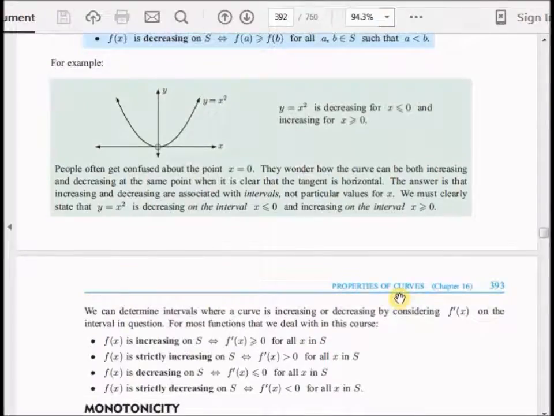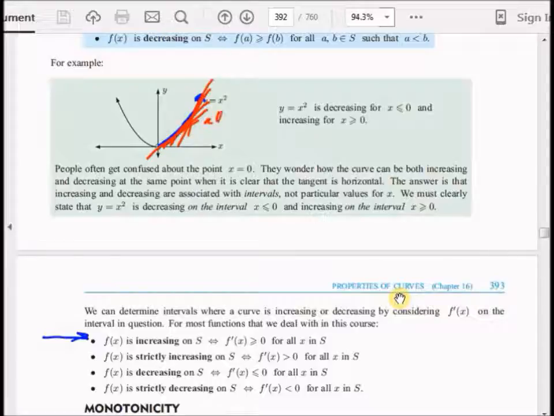We're saying that f of x, the function, is increasing if the derivative is greater than or equal to 0. Now the derivative refers to the slope of the tangent. So any tangent line along here is going to have a positive slope. So that totally makes sense.